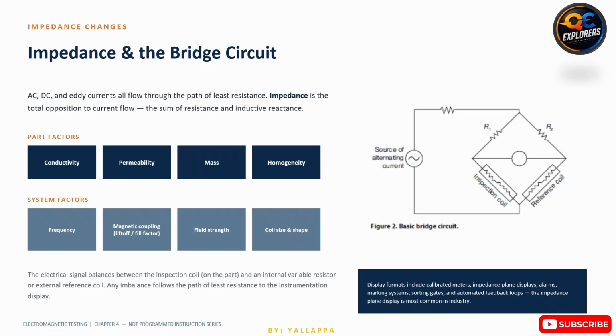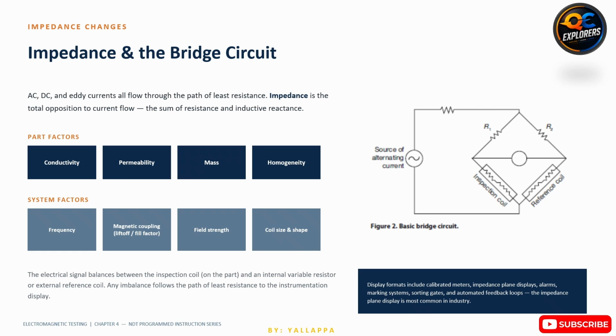Impedance is the total opposition to the flow of alternating current, or AC. Unlike direct current, where resistance is the primary opposition, alternating current experiences both electrical resistance and inductive reactance. Together, these 2 components determine the impedance of the inspection coil.